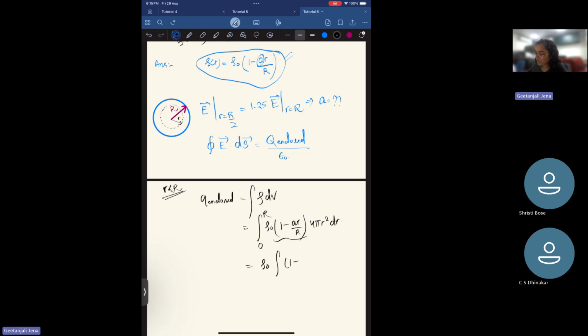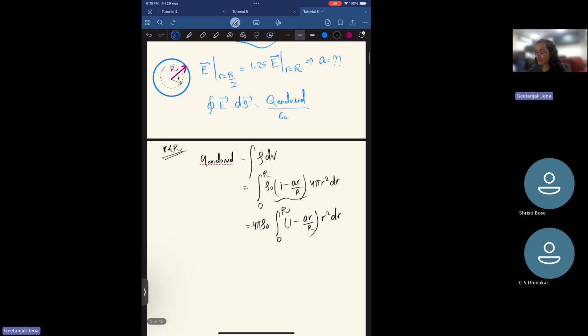So this is rho_0 times 4 pi times (1 - A r/R) r square dr from 0 to r, because the charge is only enclosed inside the sphere.